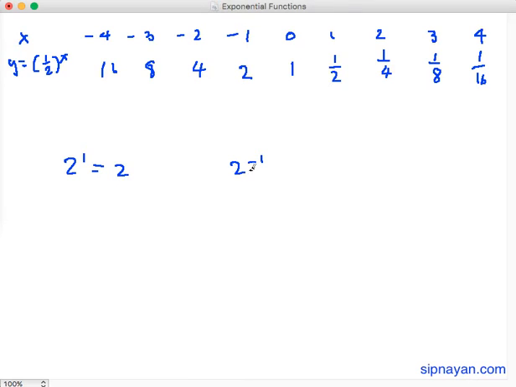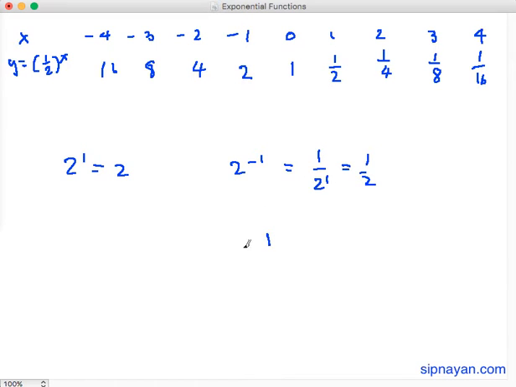Kasi ito 2, ito ay magiging 1/2 to the first power, which is equal to 1/2. So 2 and 1/2 are reciprocal of each other. So 1/2, ang reciprocal niya is 2, kasi negative siya. And then 1/4, ang reciprocal niya is 4. 1/8, reciprocal niya is 8. And 1/16, reciprocal niya is 16, no?